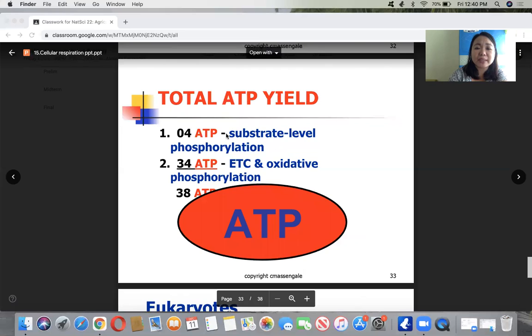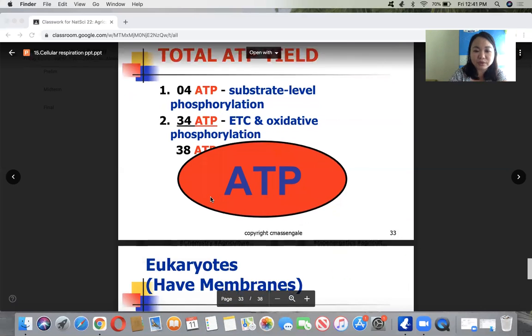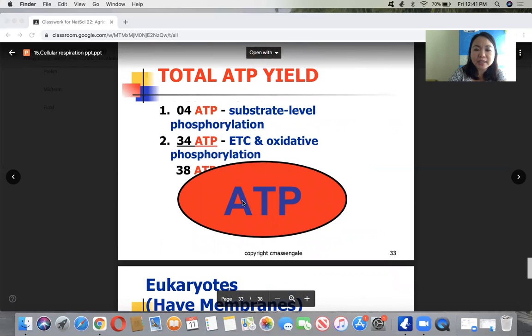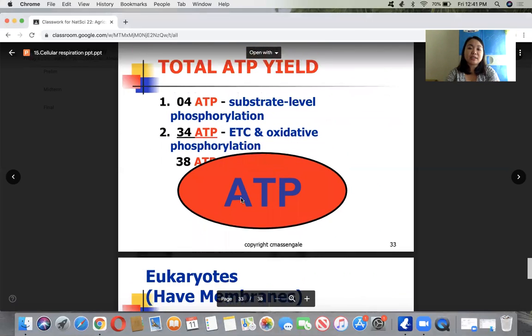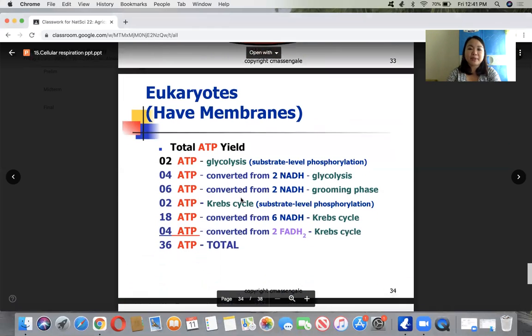So the total ATP yield is 4 ATP, 34 ATP, and 38 ATP all in all. So the product of respiration is energy, 38 ATP.